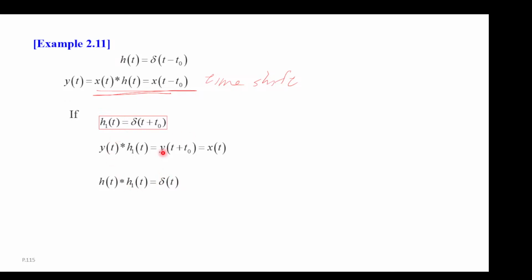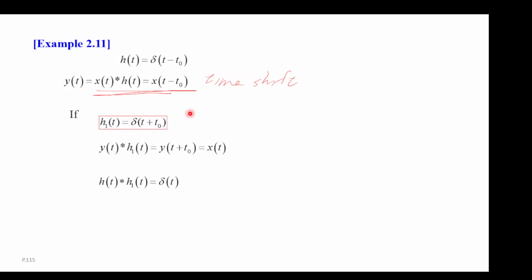You can also see that h convolved with h1 of t equals delta of t. That's because h is delta of t minus t0, getting some time delay, and so this t gets plus t0 here, then this becomes delta of t. So two time shifts in negative directions are inverse to each other. It makes sense, and you see that this h of t, being a time shift, is invertible.